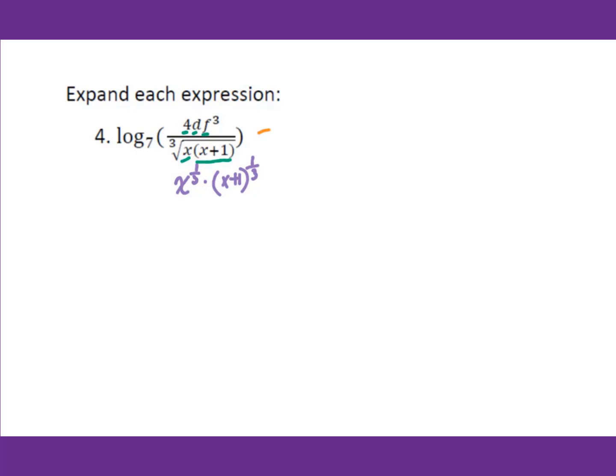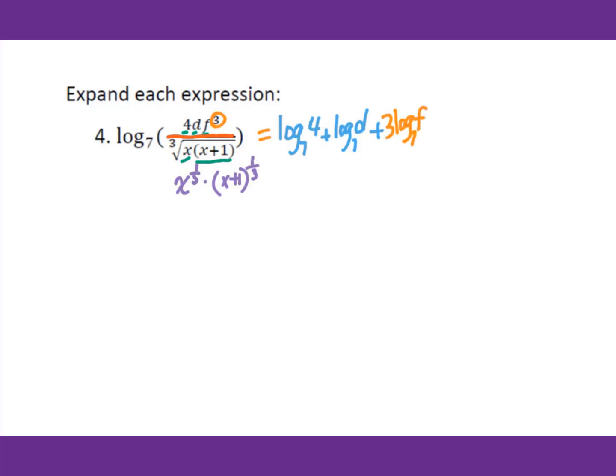Above the division line, that's addition. Below the division line, you do subtraction. Therefore, we get log base 7 of 4 plus log base 7 of d plus, when you have exponents, drop down, so we get 3 log base 7 of f.